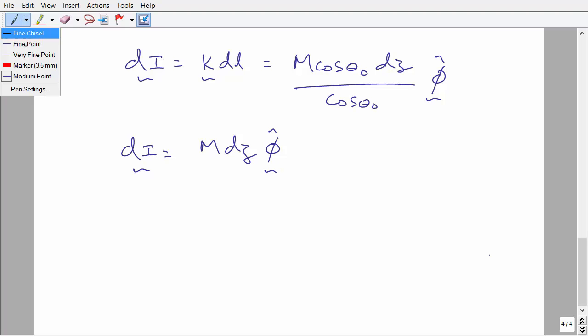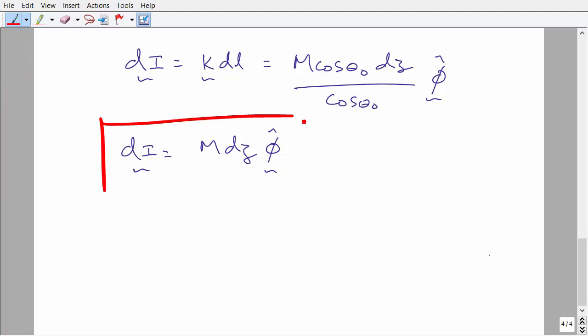Okay, so there's our result for dI. And at this point we're nearly done. We only have one last job to do, and that is to write down the radius of the ring as a function of its position z.